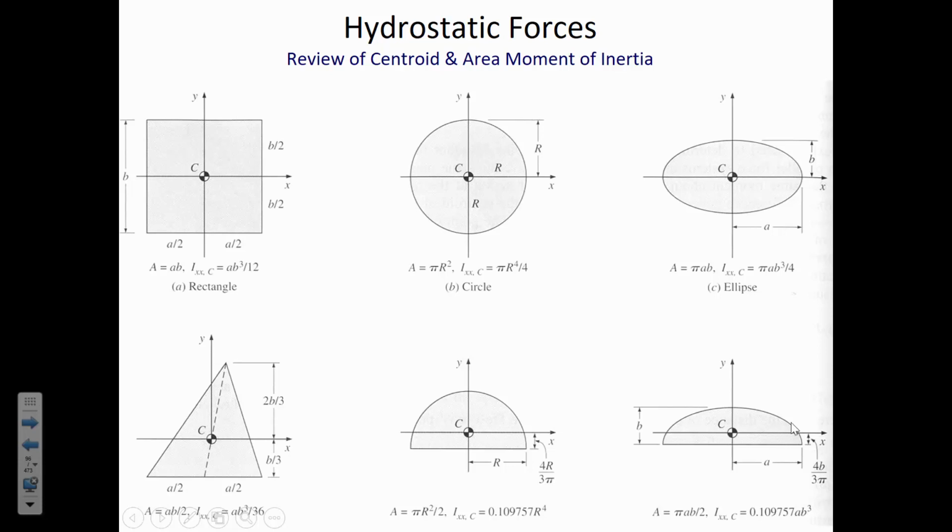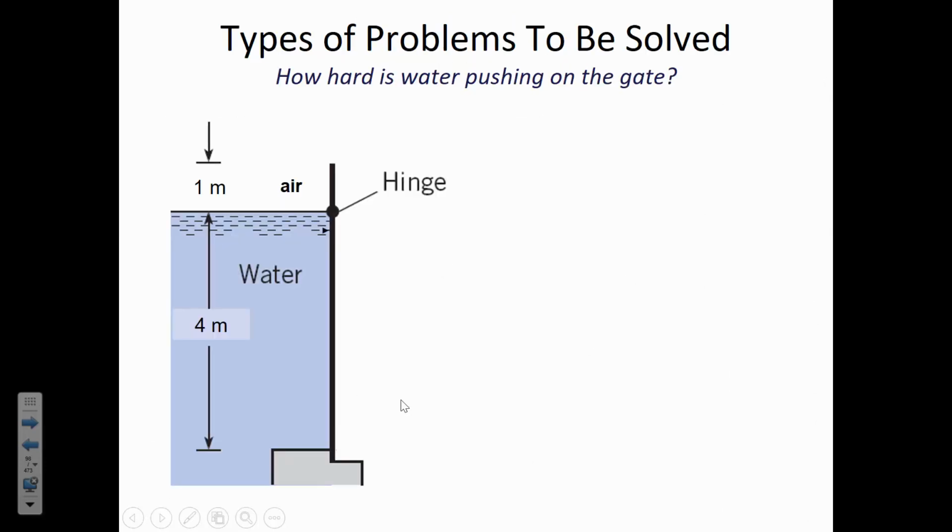The thing that we'll be using is the horizontal area moment of inertia. Since the water line is a horizontal line against shapes, it'll be the horizontal area moment of inertia that we'll occasionally refer to. Here are the formulas for a variety of shapes that we'll have to be aware of.